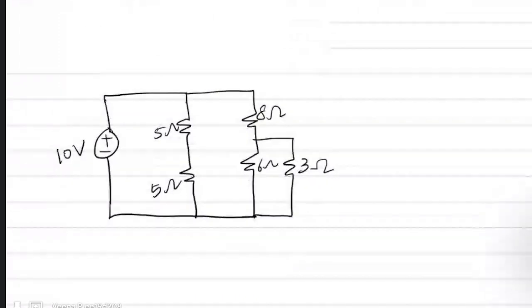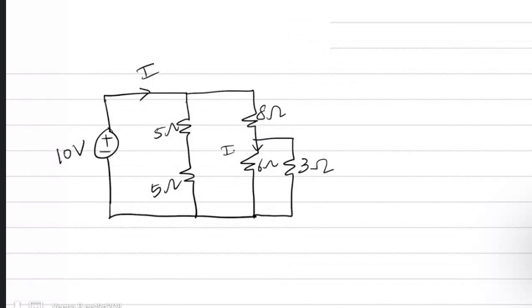Now if you see, let this current be I. Now this is your Ix. So we can find Ix in multiple ways, whichever is suitable for you. So I'll be going with the current division rule.